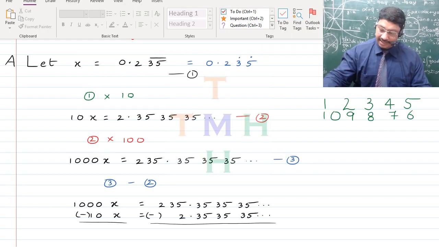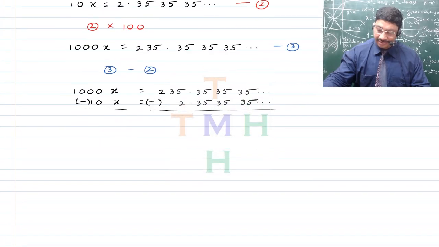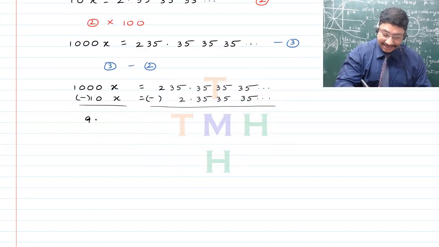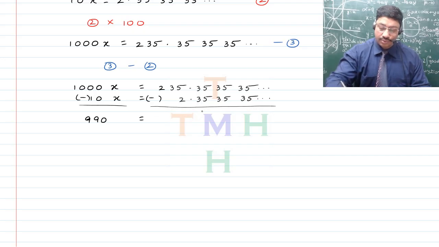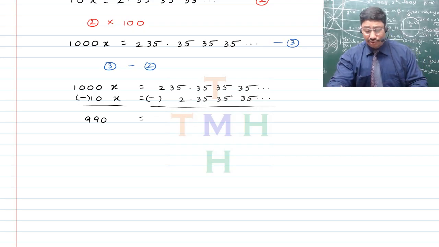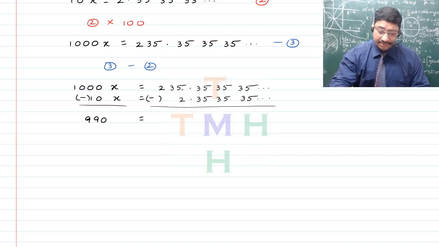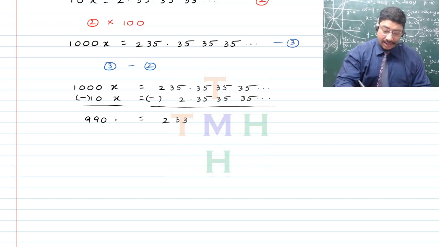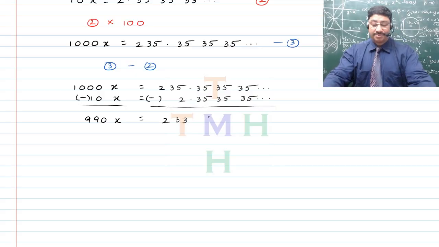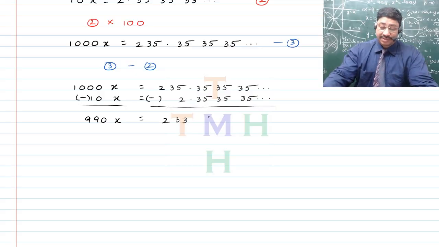And on the right hand side, the recurring part will easily get cancelled, and you will have 0 for all the digits after the decimal point, and before the decimal point in the whole numbers, from 235, when you subtract 2, you will get 233, right? Now this 990 also had x with it, because in both of the terms, 1000x and 10x, the common factor is x. As such, when it is taken outside, 1000 minus 10 becomes 990.